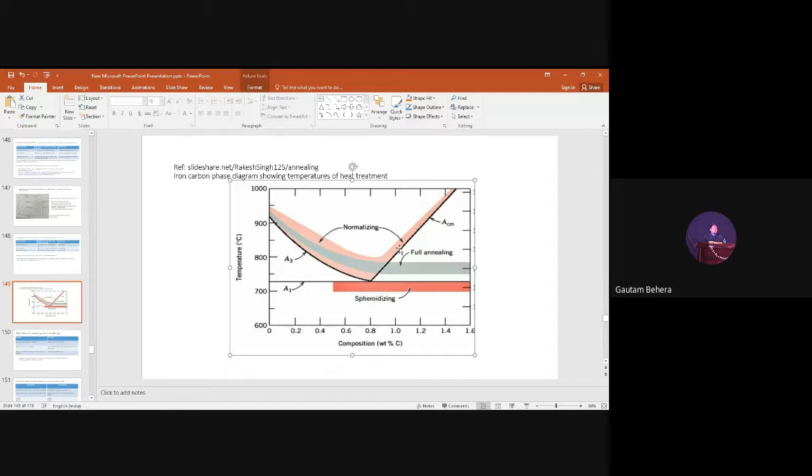One point is the grain becomes coarser. You can see the temperature is rising. If you are going above ACM, the temperature is very, very high. So austenite grains become coarser, so the final product also becomes coarser. Coarser grain material has poor mechanical properties. The strength will be less, hardness will be less. Another point is what?